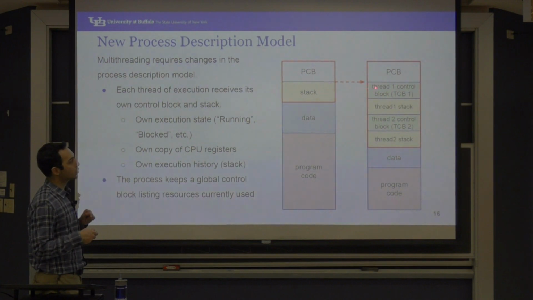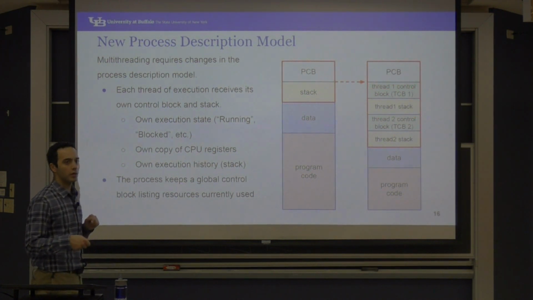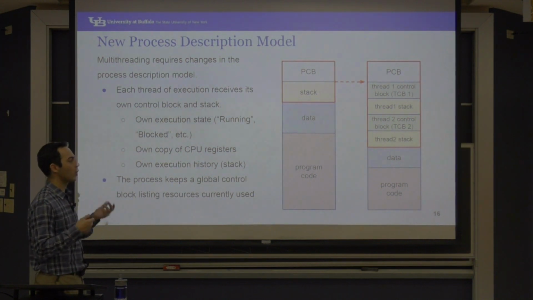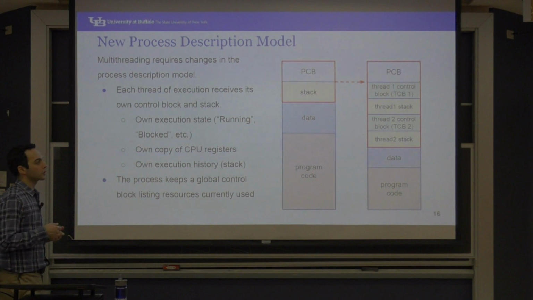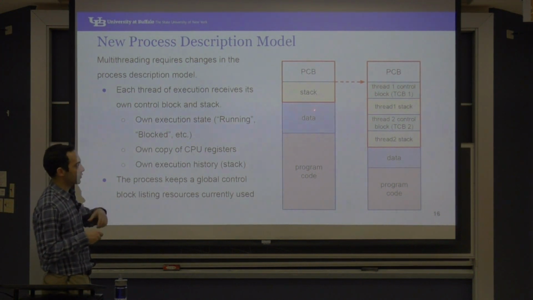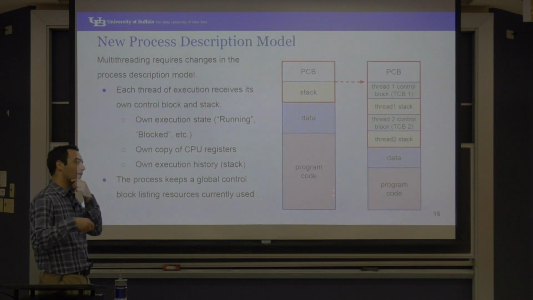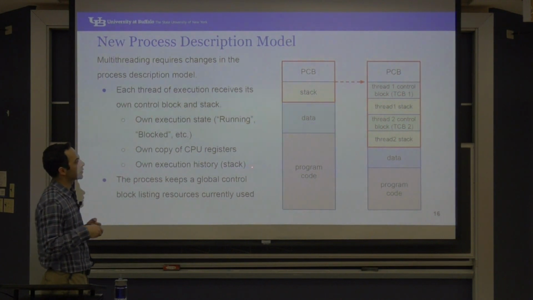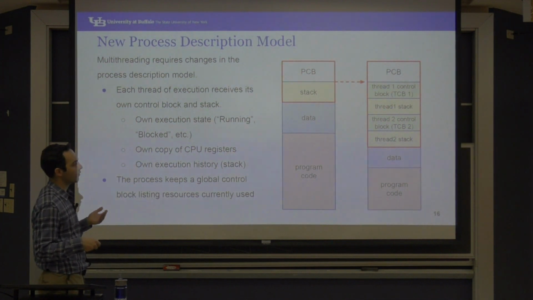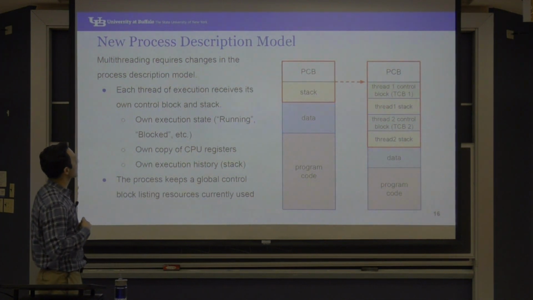But we also need the thread 1 control block, the thread 2 control block, etc. So each thread also has its own control block, which contains the information specific to that thread. And also, instead of a single stack, each thread should have its own stack, right? In the case of a single thread, that would be similar to this, but if you have multiple threads, each of them gets its own, right?